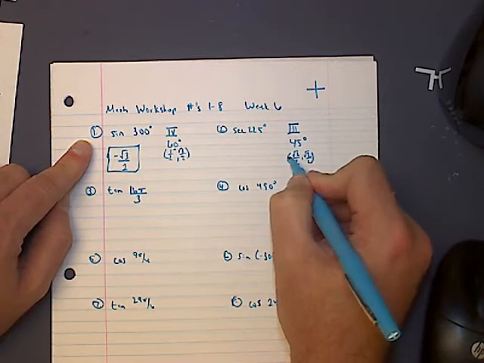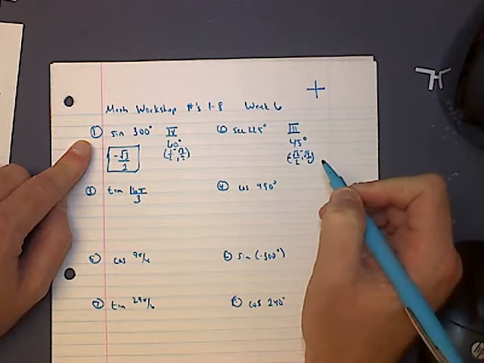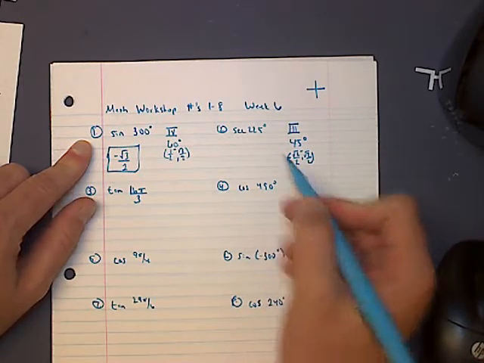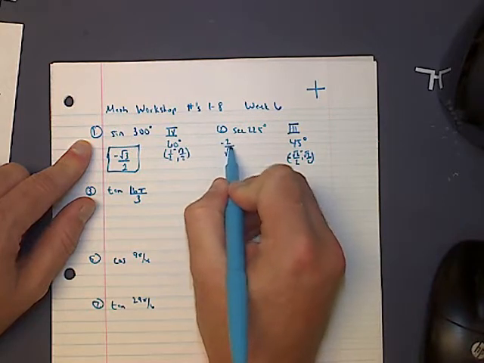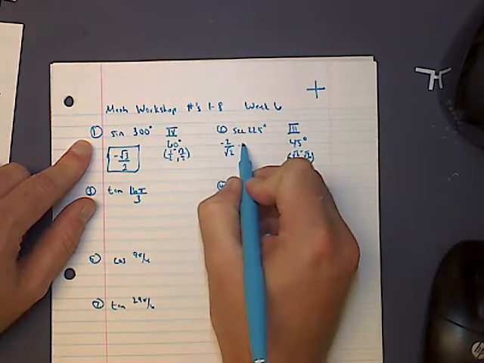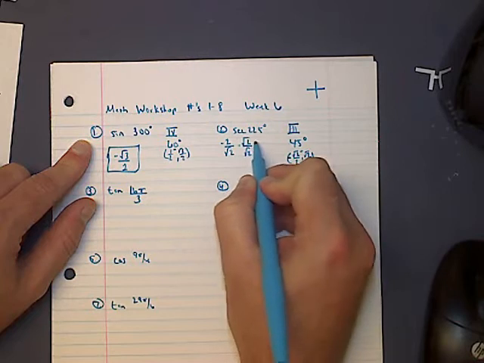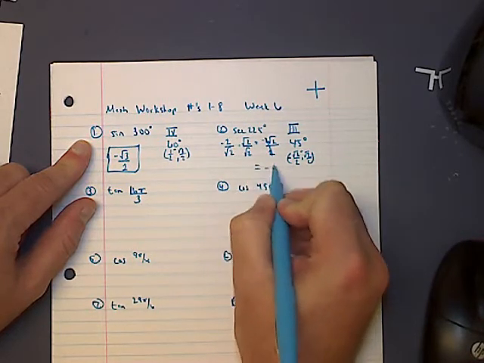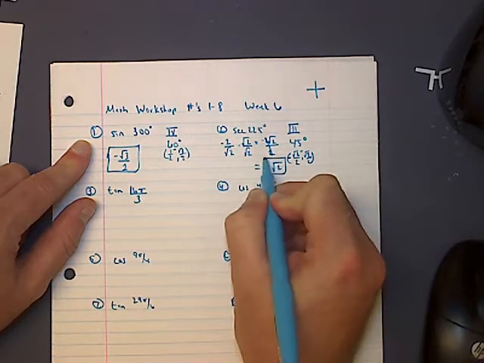It's in quadrant 3, so they're both negative. You want the secant, that is the reciprocal of the cosine value, which is x. I'm going to flip this, rationalize my denominator, and that leaves me negative square root of 2 as my value.